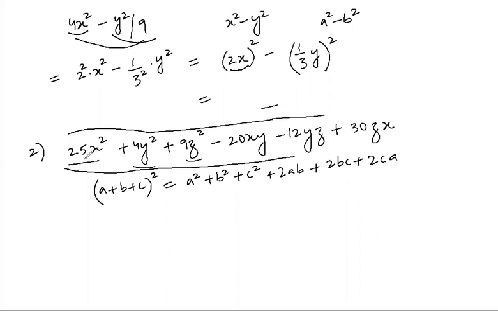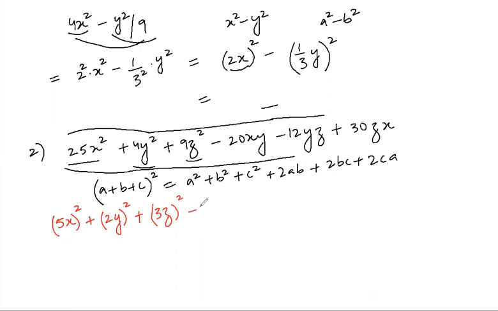First you will get 25x square, you can obviously rewrite this as 5x whole square. Right students? Now how will you write 4y square, students? Right, 2y whole square. That's good. How will you write 9z square? 3z, 3z whole square. Very good.